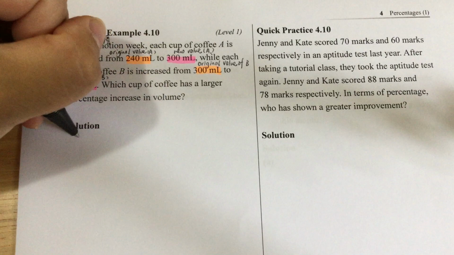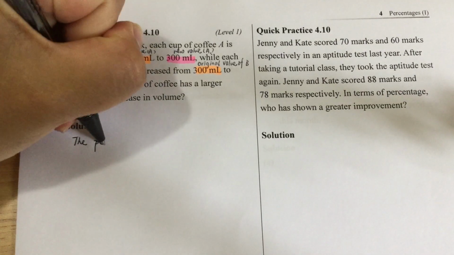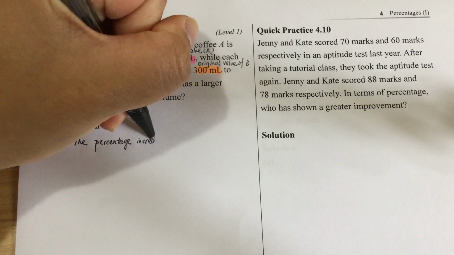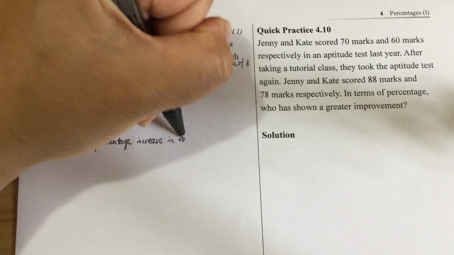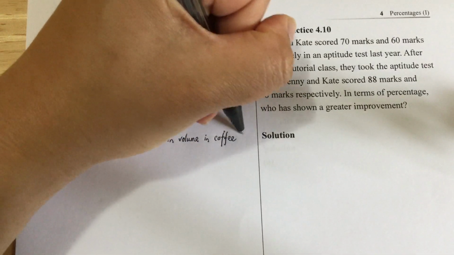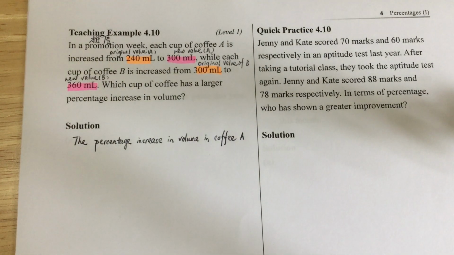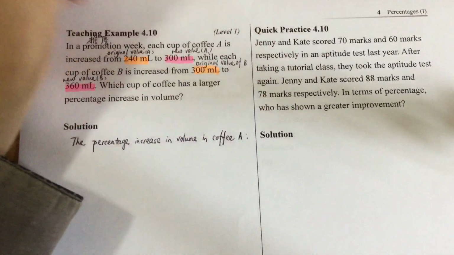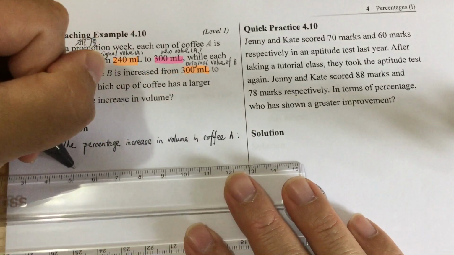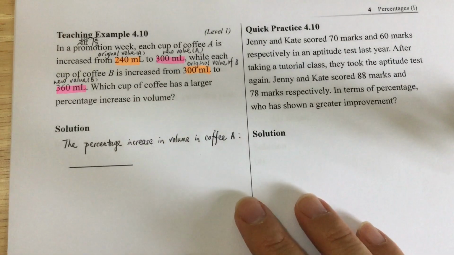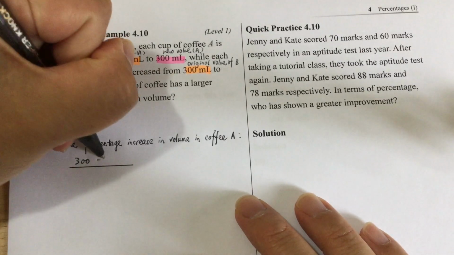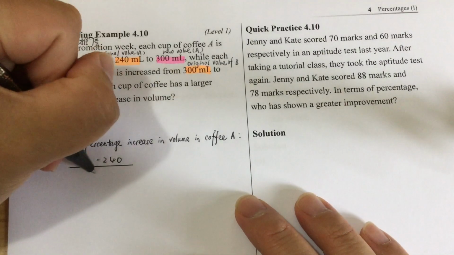First of all, the percentage increase in volume in coffee A. We'll use the rule: first, we have the change, 300 minus 240, and then over 240.